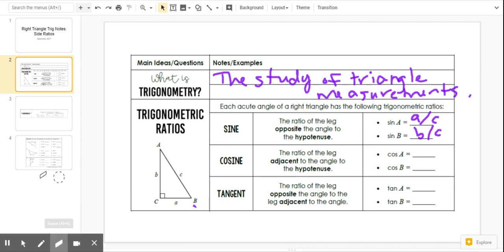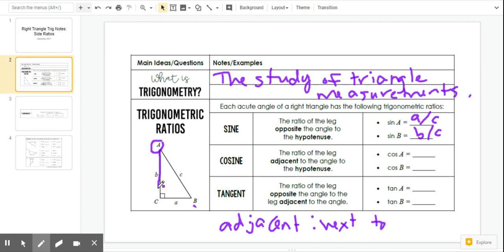So cosine is the ratio of the leg adjacent. Just remember the word adjacent means next to. So it's the ratio of the leg adjacent to the angle to the hypotenuse. Cosine of A: we start with A, and the leg that's adjacent to it. There are two sides adjacent, the hypotenuse and the leg, but the leg adjacent is B. So cosine of A is B over C, because C is still the hypotenuse.